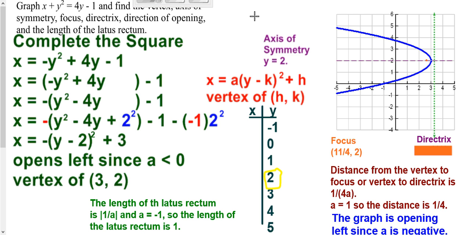You were at 3, you go 1/4 of a unit over, and you get x equals 13 over 4, because it's a vertical line. Remember, your focus is always a point, and the directrix is always a line, sometimes vertical, sometimes horizontal, depending upon your problem.